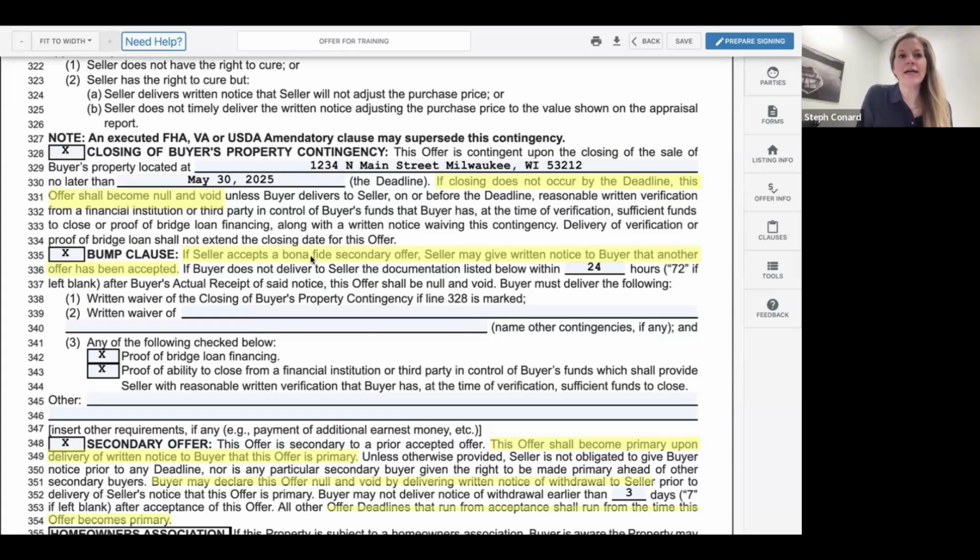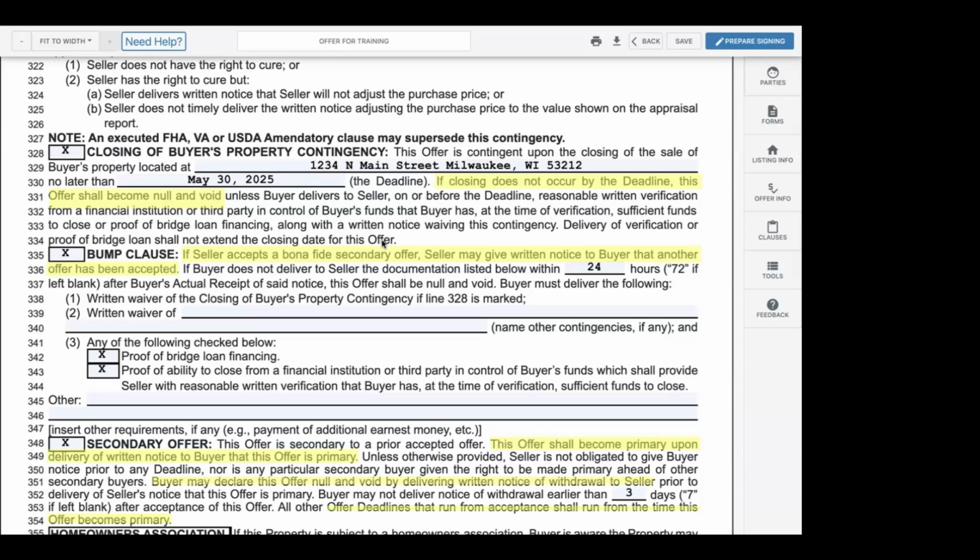Yes, because that's why it's a contingency, because they're saying to the seller, I'm being upfront about this. We cannot do this, so please accept this offer with this home close contingency. If they don't close on it, that is a legitimate means for exiting the offer, and the seller should feel comfortable about giving their earnest money back.